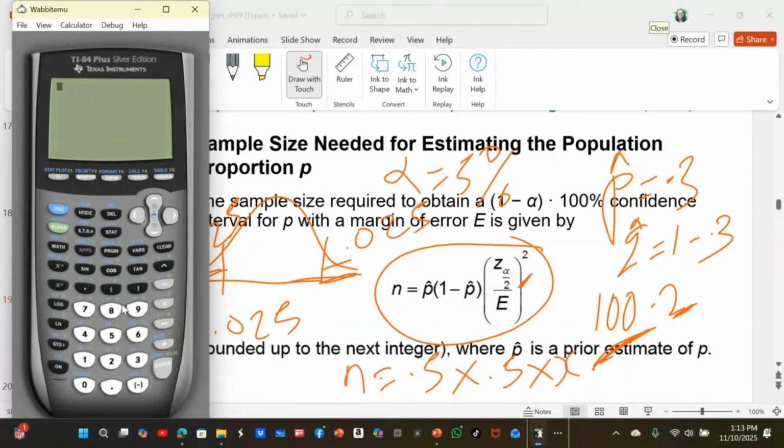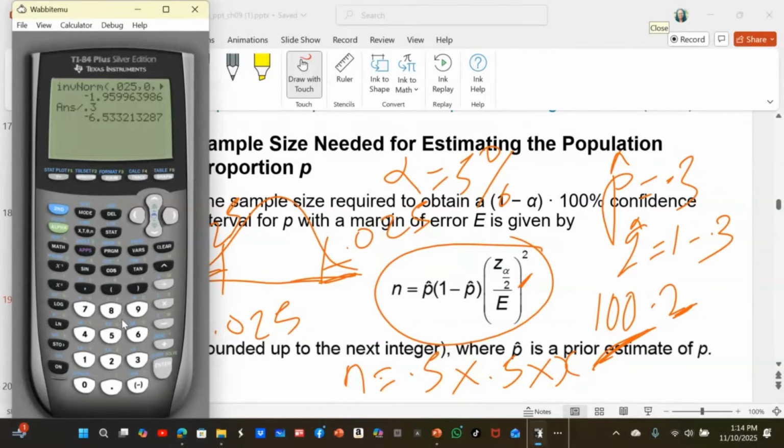So we have second, inverse, we select number 3, and then we divide this answer by the margin of error 0.3, and we have an answer.